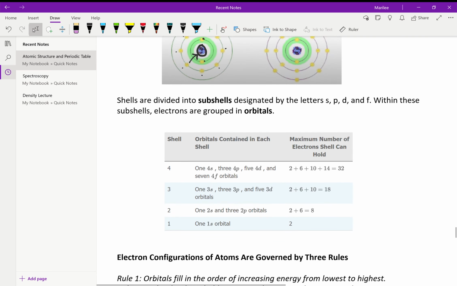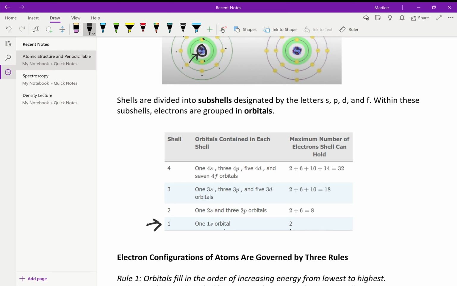So let me go over this. We have our first shell here, shell number 1, right? Shell number 1 will have a 1s orbital, and it can have a maximum of 2 electrons. Shell number 2 can have one 2s and three 2p orbitals, so it will be a maximum of 8 electrons.